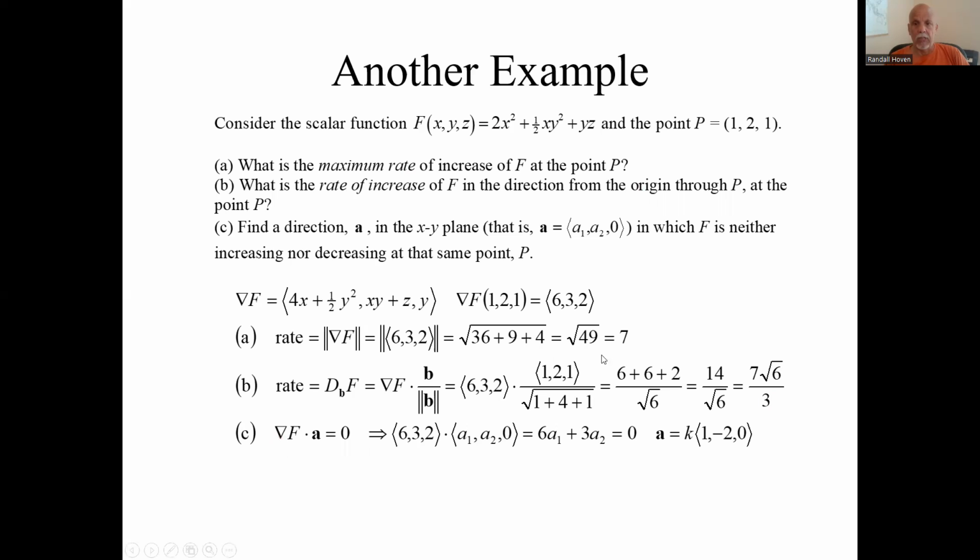The gradient of f at that point was 6, 3, 2. 6, 3, 2 dotted with the vector we're looking for has to be 0. That gives you a relationship between a1 and a2. So any vector parallel to 1, -2, 0 would work.